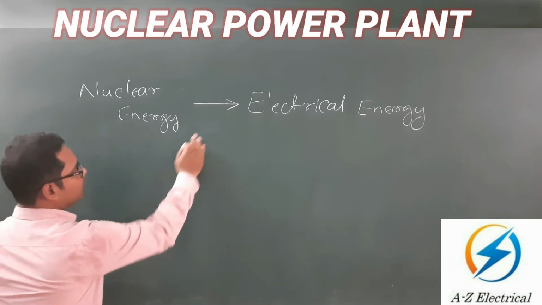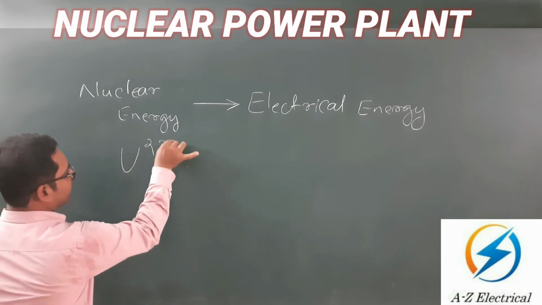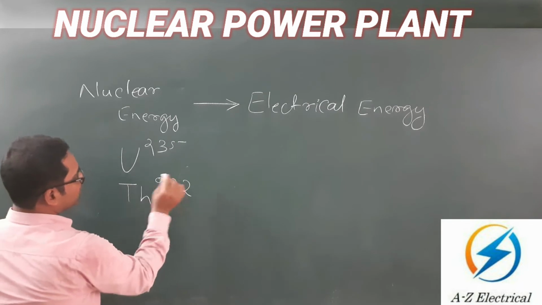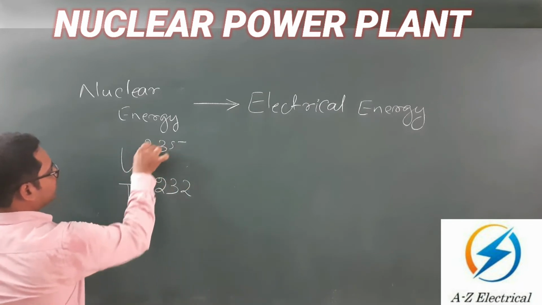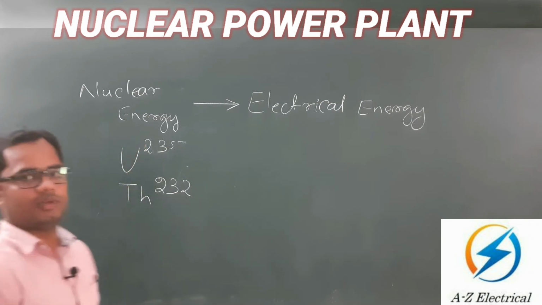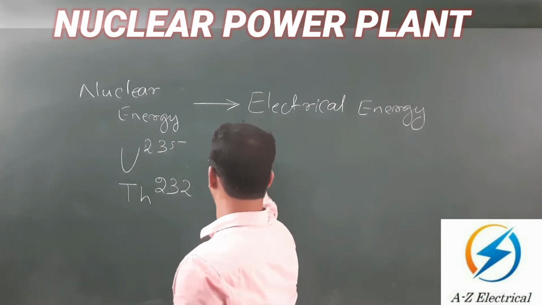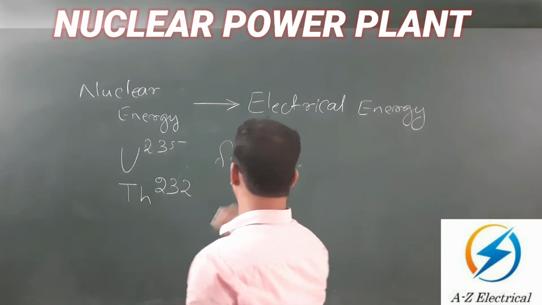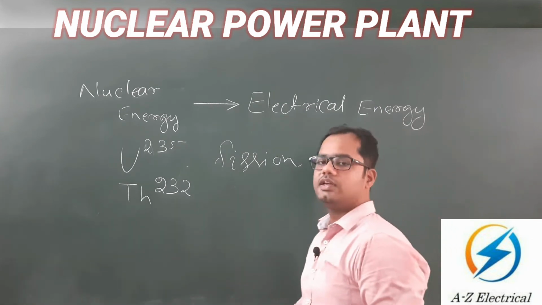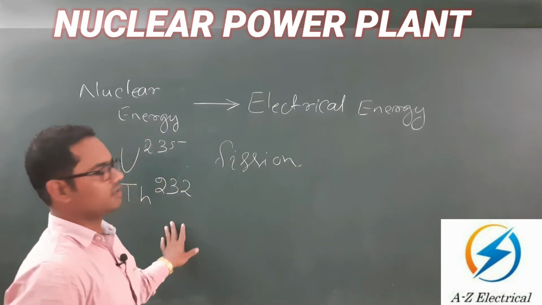There are two nuclear fuels, uranium 235 and thorium 232. These are two isotopes, and whenever these isotopes break down with the help of a fission reaction, a huge amount of heat energy is released, and that heat energy is utilized for the production of electrical energy.